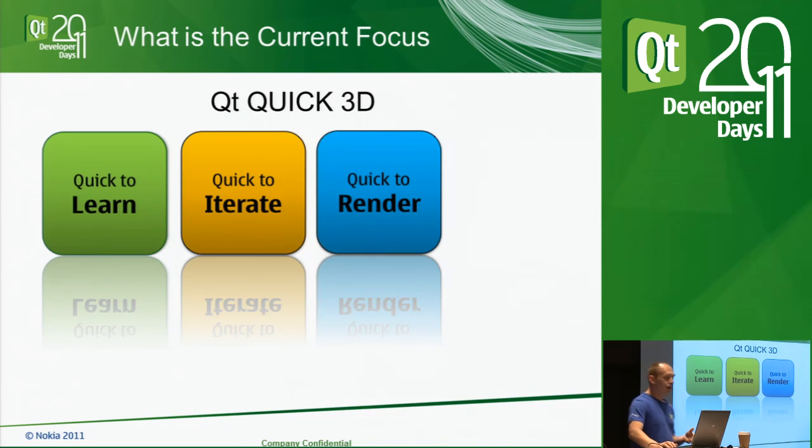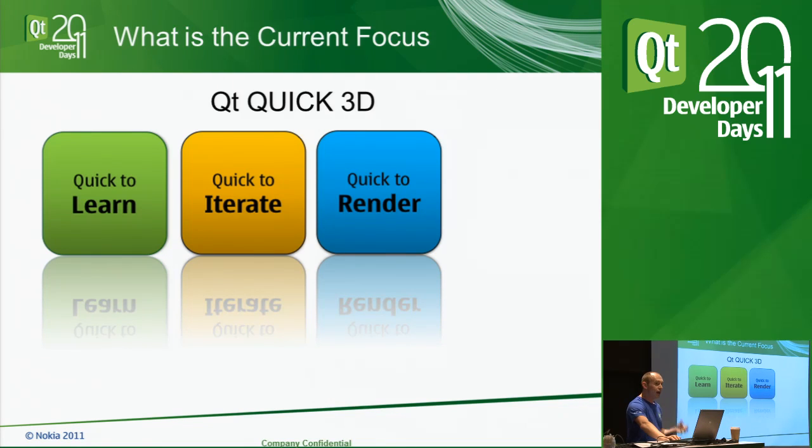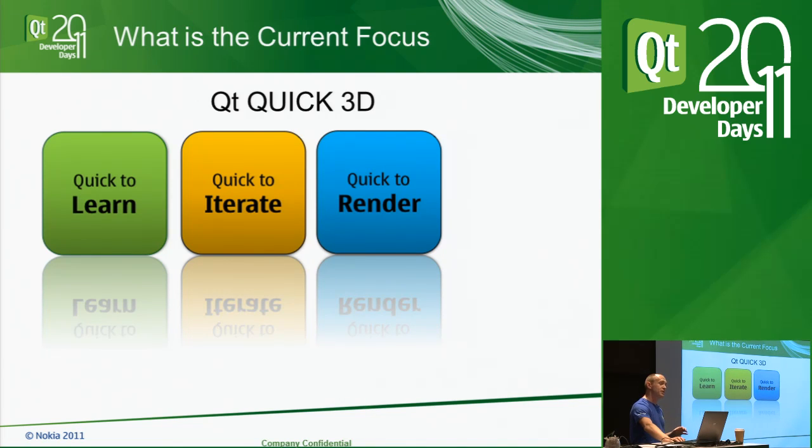It's quick to render, and this has a number of meanings. First of all, obviously, because there's no compile step required, it's quick to just get it up. There's a bunch of things in there for reading 3D models already and optimizing the display of those. It's not necessarily as quick to render as a C++ version of the application.